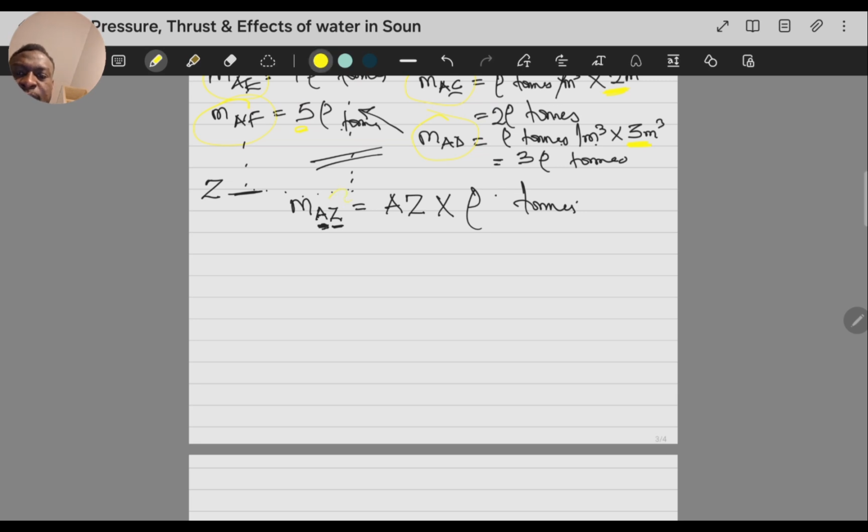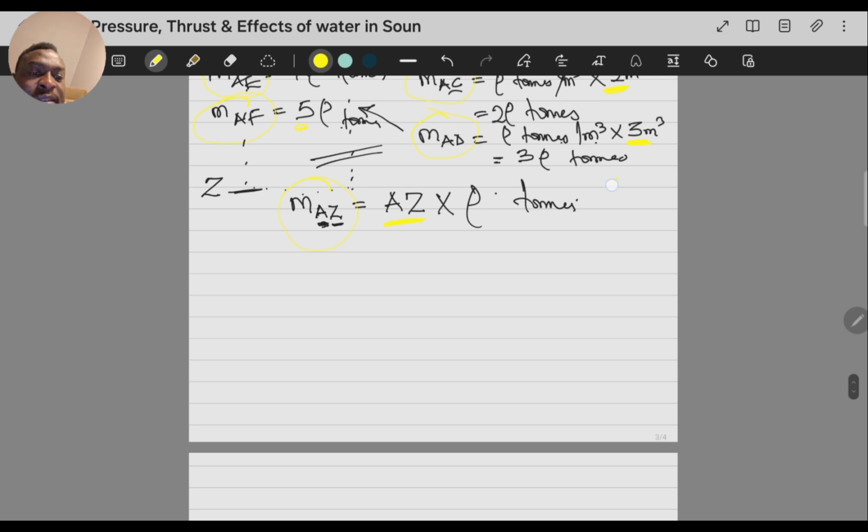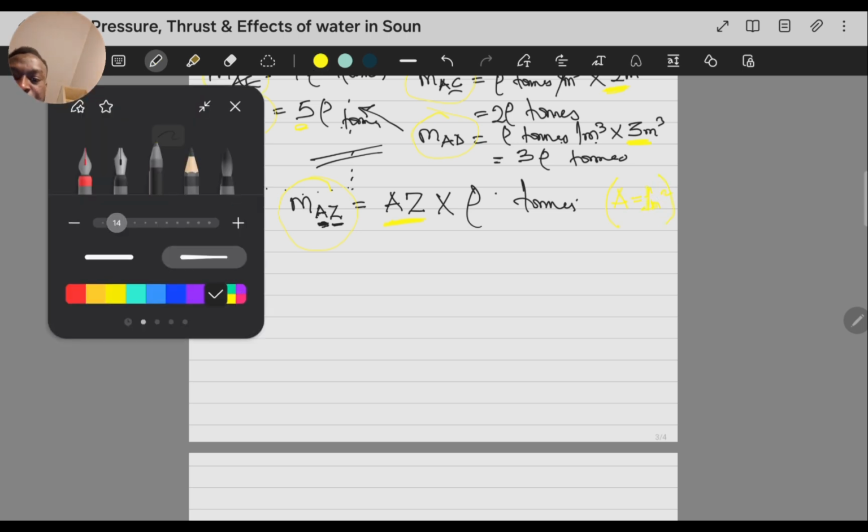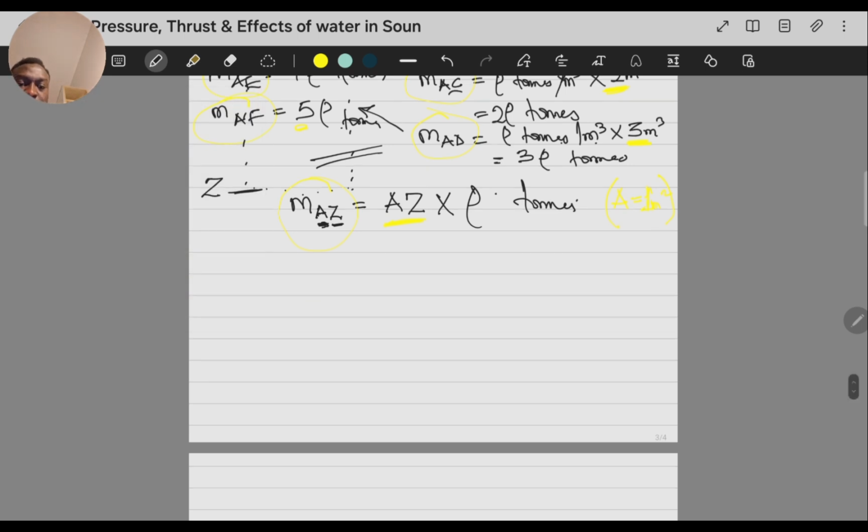So the weight of the liquid column above Z is actually the depth from the water surface to the Z level times the density. But don't forget that this is where we consider the cross-sectional area to be 1 meter squared, for simplicity.